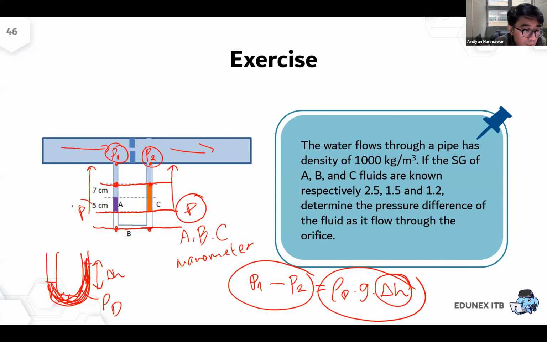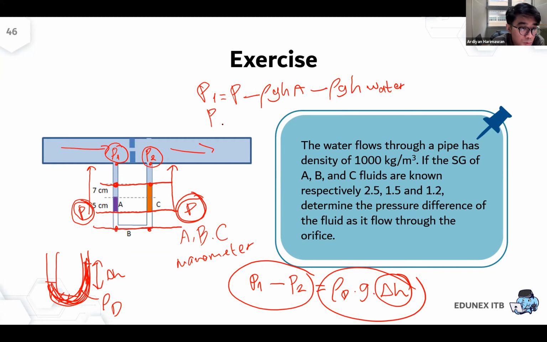P1 will be lower than P at the left. But this pressure at the left and at the right is the same. So you just go upward, so P1 should be P minus rho g hA minus rho g h water, right?